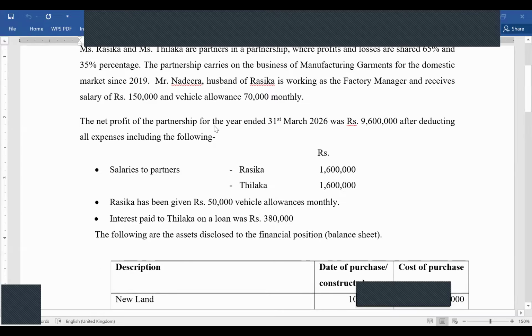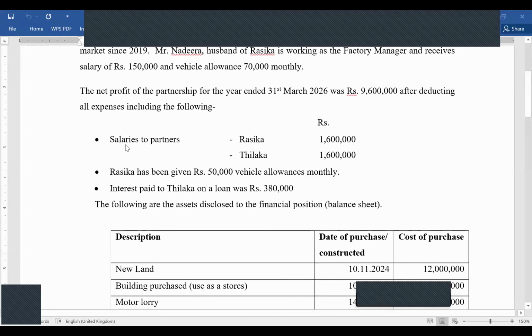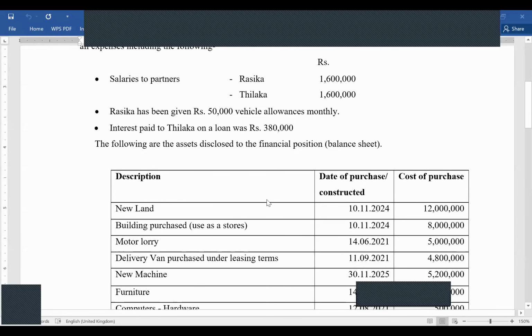The net profit of the partnership for the year of assessment is 9.6 million after deducting all expenses including the following. Salaries to partners, Rasika has given vehicle allowance monthly. Interest paid to Tilaka on loan was 380.